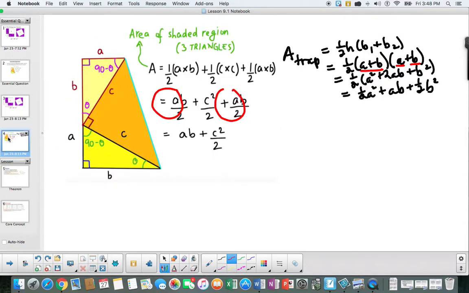Here's another area proof. We work with a trapezoid with 2 right angles, and the height is a plus b, one base is a and one base is b. And we can go ahead and figure out the areas of each of these regions. Now, this first triangle is 1/2 base times height, which is a times b.